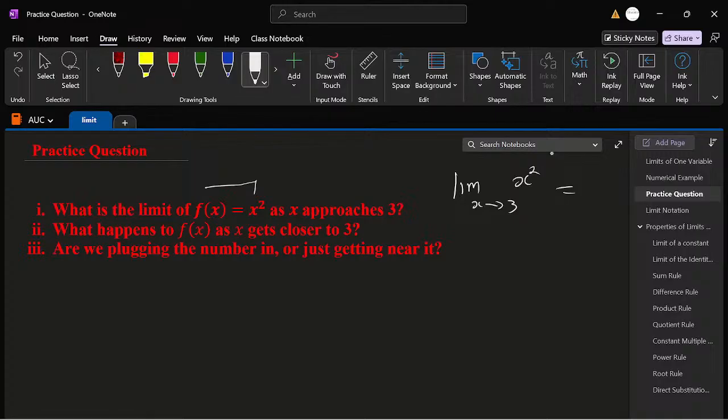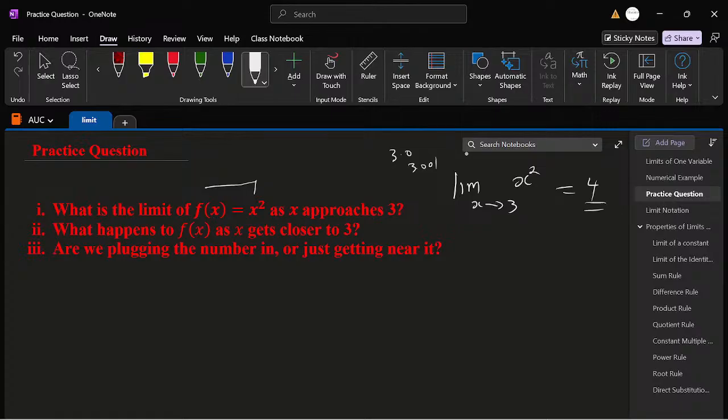So if you look at the values of x from the left hand side, so we'll be looking into 2.9, 2.99, okay, as you approach 3, and you could as well take some values from the right hand side, say 3.001 and the likes, okay. So you'll come to realize that the limit is 4. Okay, so it will be 4.